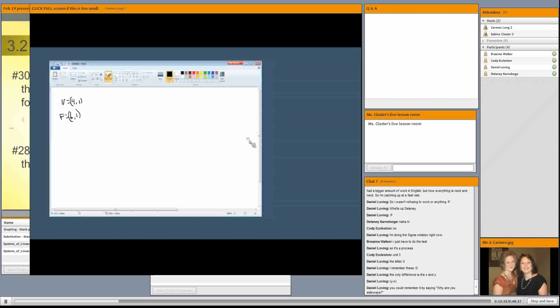Okay. What I'm going to do every single time I do one of these problems is sketch a picture. Because I don't know anything about this thing, but once I see the picture, and this is my vertex.